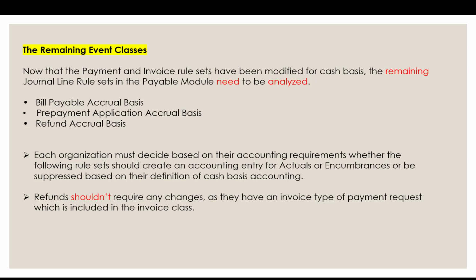So by the end, the organization must decide based on its requirements. You have to analyze the entries and adjust journal line rules to achieve the desired cash basis results, depending on your organization's requirements.